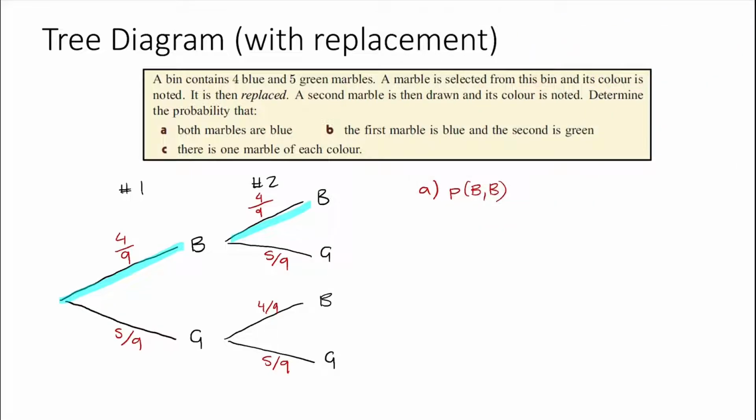So we are going to go 4 over 9 times 4 over 9, which gives me 16 over 81. So there's a 16 on 81 chance that we're going to get 2 blue marbles.